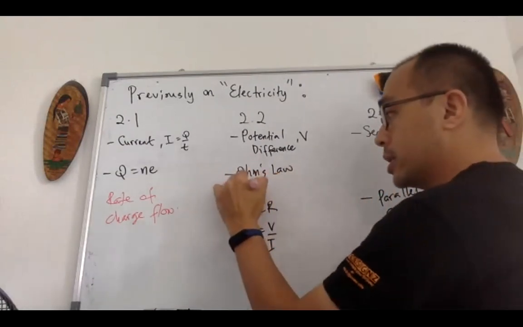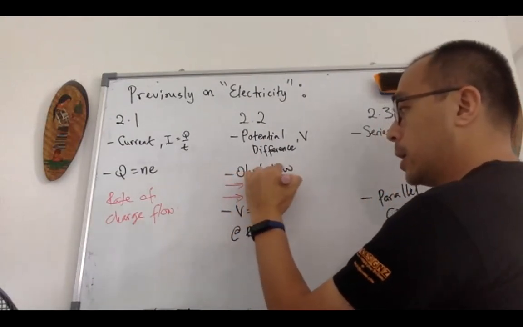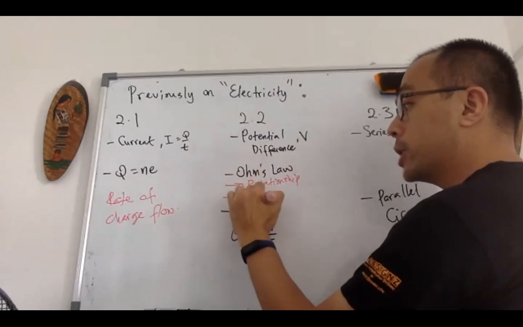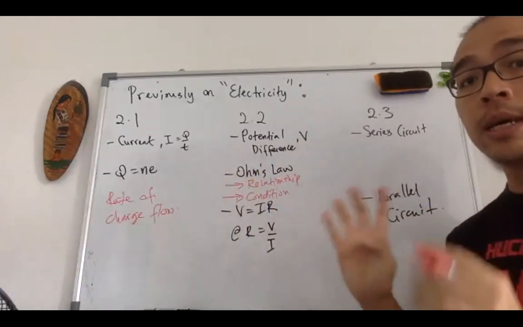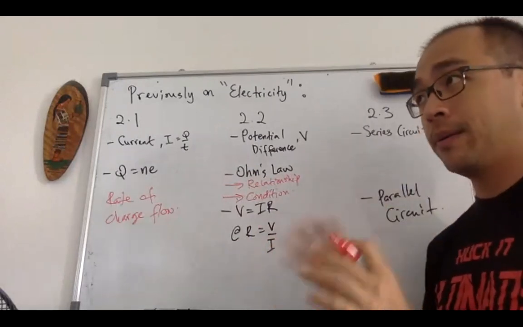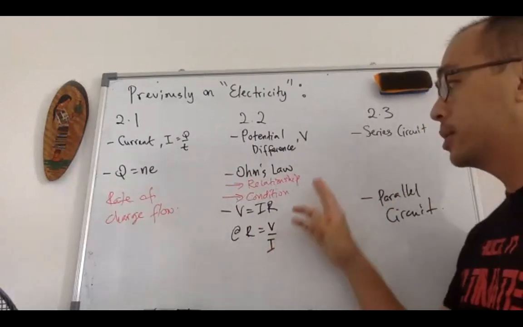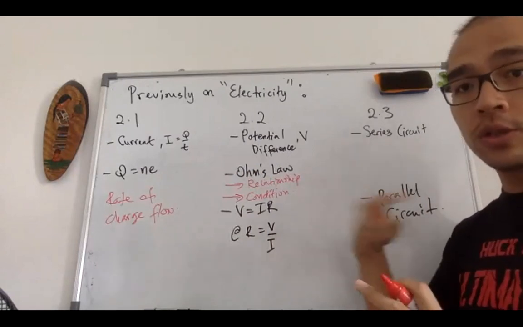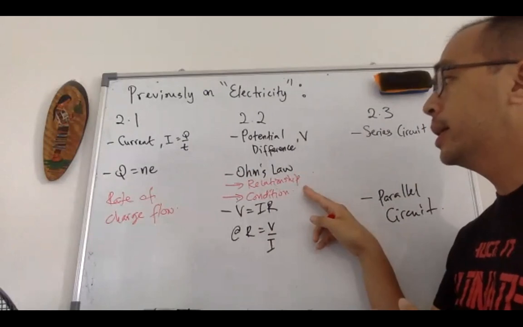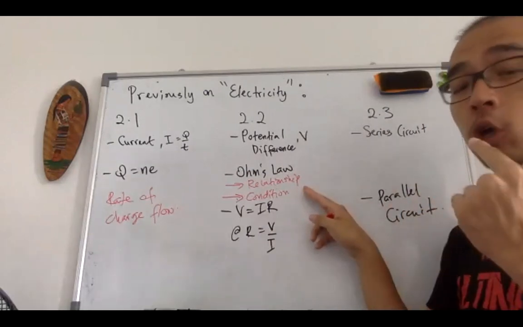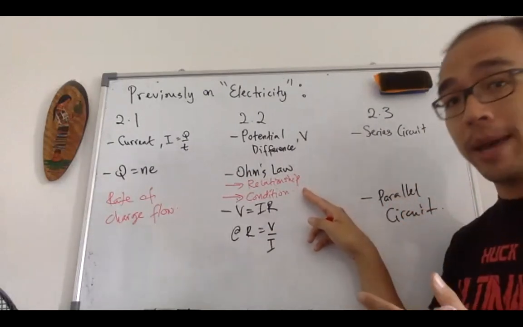One is the relationship, and the second one is the condition for the relationship. Apa syarat untuk relationship ini valid? So there are two things about Ohm's law, so it's good for you to recap again. Later you can write it down in your notebook or wherever. What is the relationship and what is the condition for the relationship to happen?